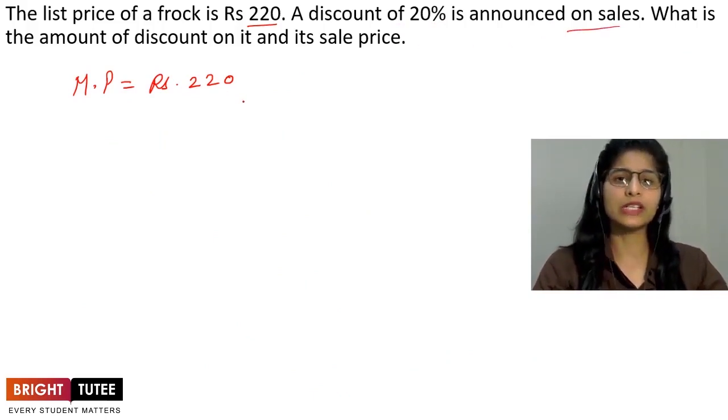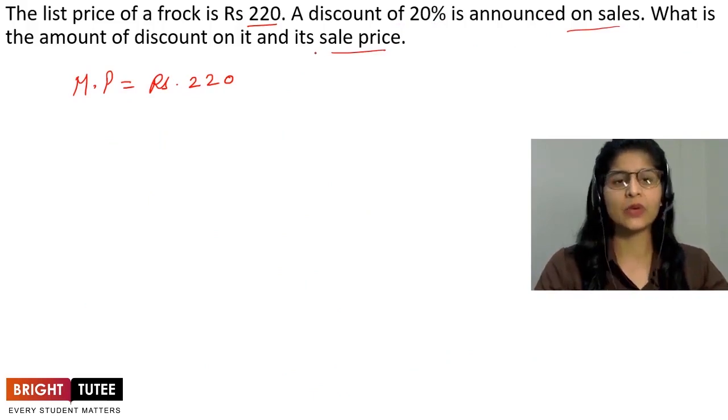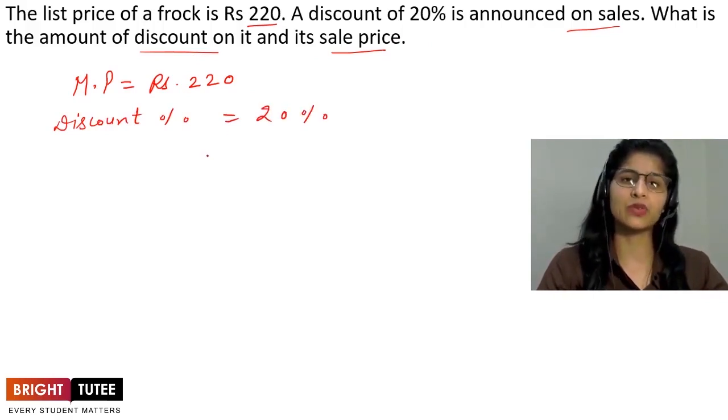Now what is given? We are not given the sale price, we have to calculate it. We have to calculate the amount of discount that is given to us, but we are given discount percent. So discount percent is given as 20%.